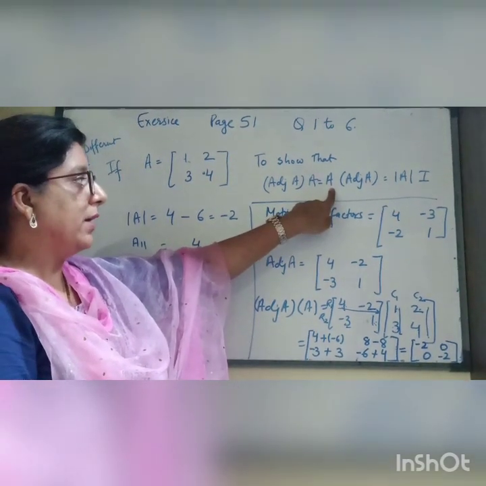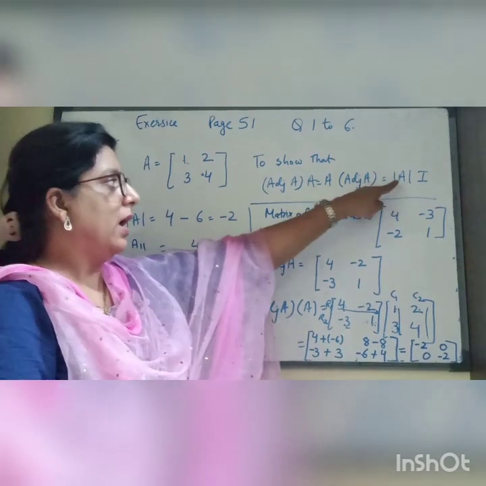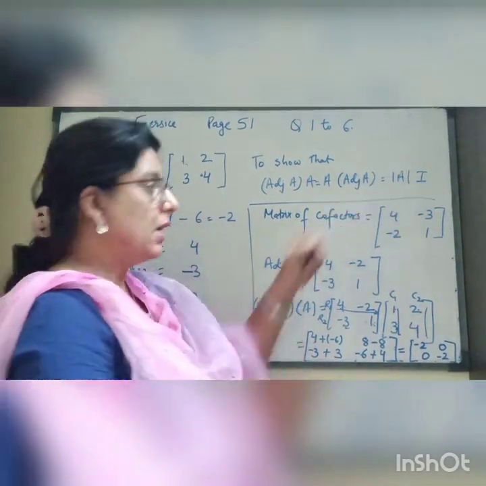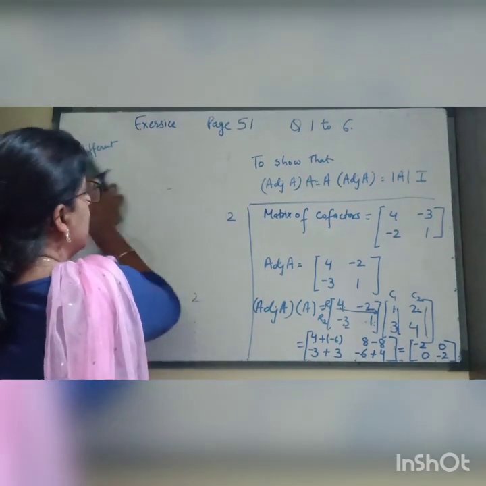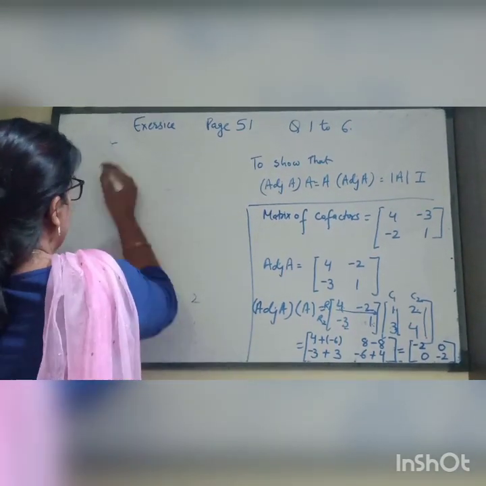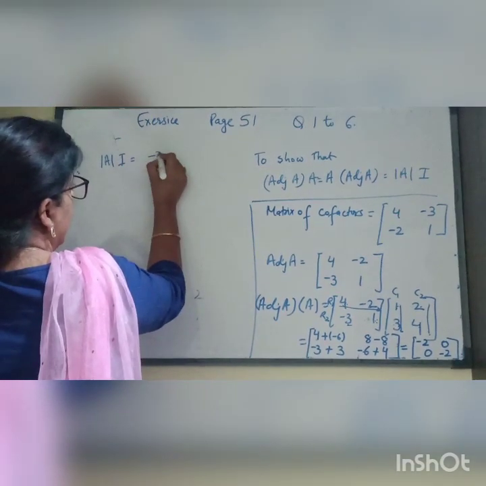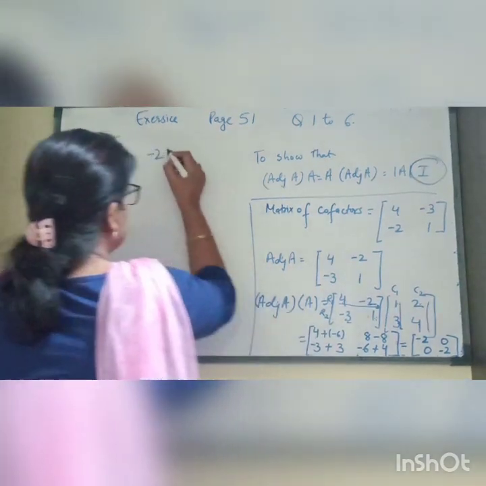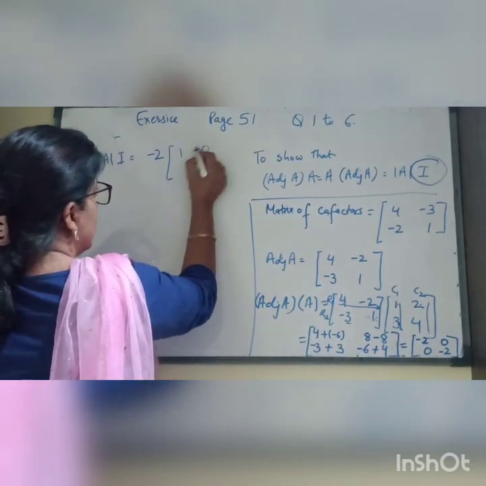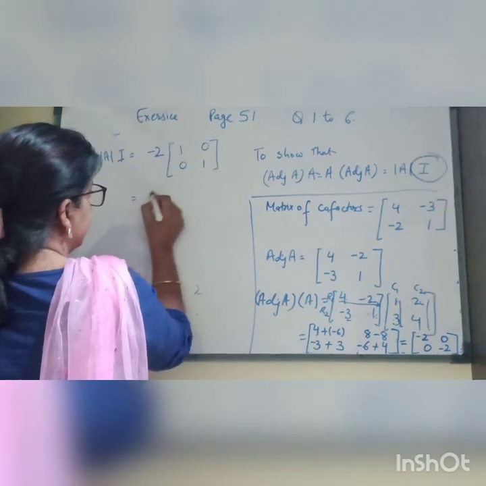Now you have to find A multiplied by adjoint of A. And now you see this one, the determinant of A. What is the value of the determinant of A? The determinant of A is -2. And I here means the unit matrix, 1, 0, 0, 1.